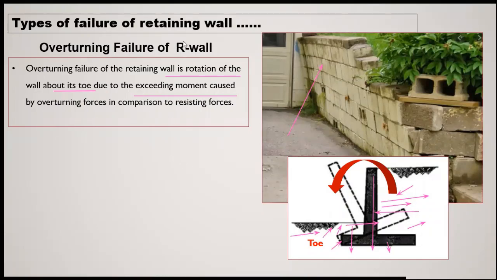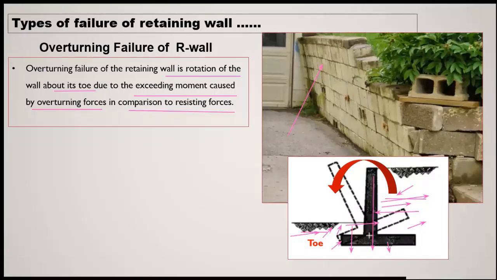So what we are saying here is the exceeding moment about the toe caused by overturning forces. Some of the forces are applying a moment on the retaining wall which can overturn it, in comparison to the resisting forces. These forces are the resisting forces, and these forces are the overturning forces.